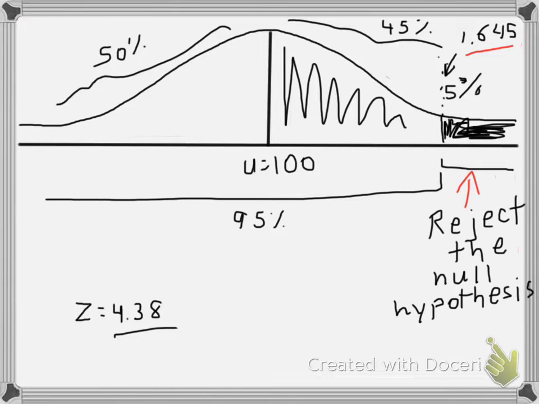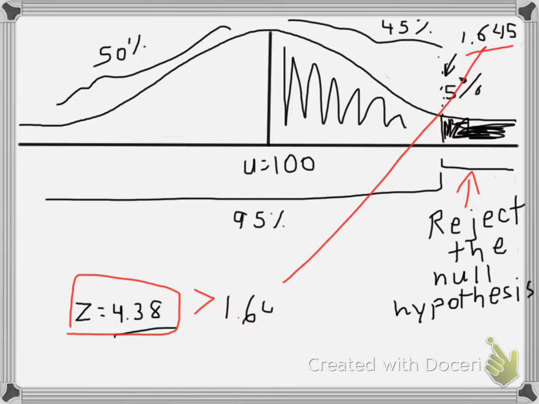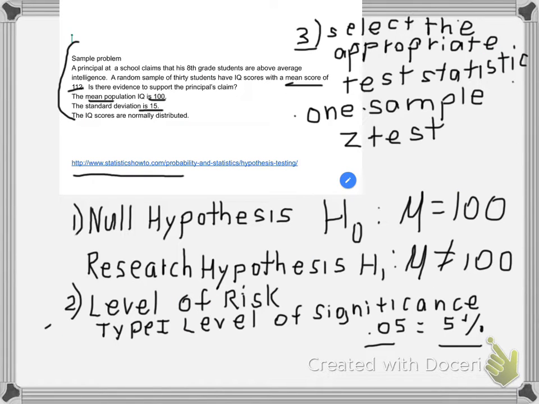I know that my z-value is 4.38, and that is greater than 1.645. So I can, in essence, reject the null hypothesis. If we go back to the problem, we could say that we have rejected the null hypothesis and the population mean does not equal 100.